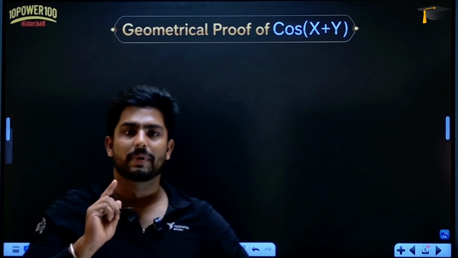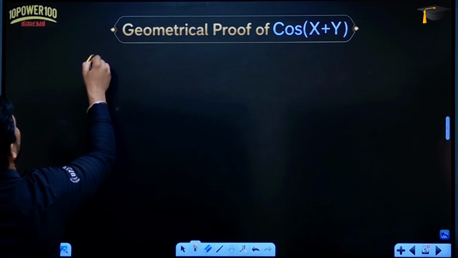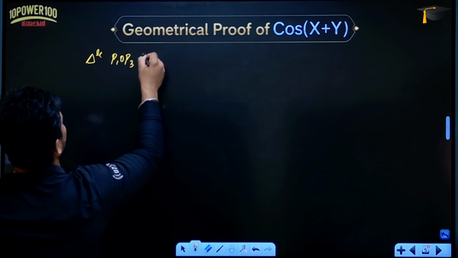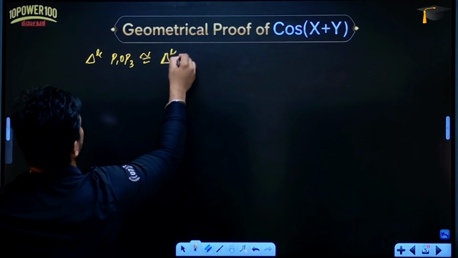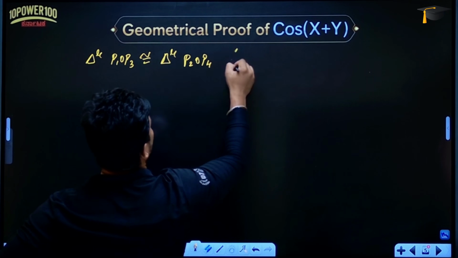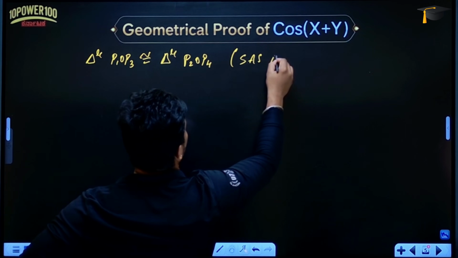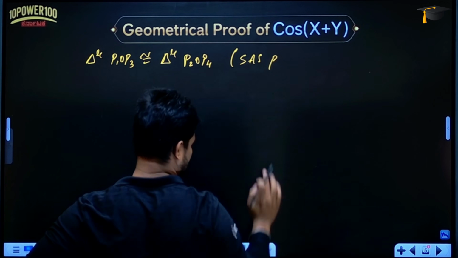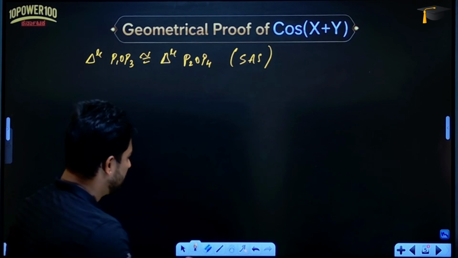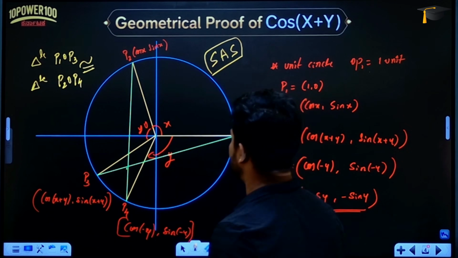So triangle P1 O P3 is congruent to triangle P2 O P4. Why? Because of SAS postulates. Just write SAS, that is enough. Now, look at this.